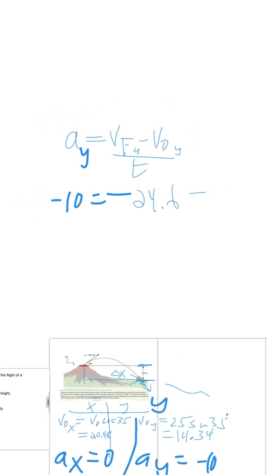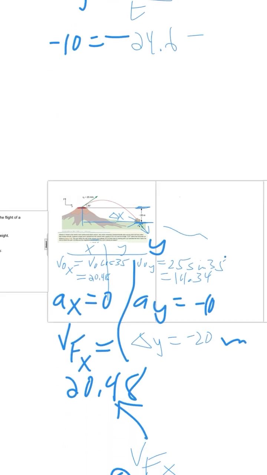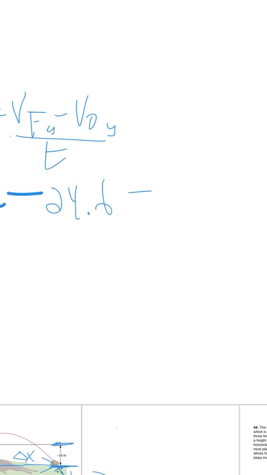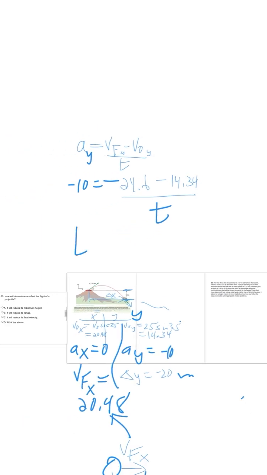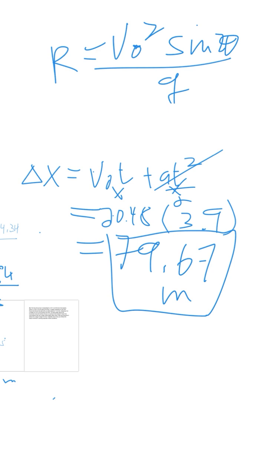And VOY is positive. Yes, VOY is 14.34 positive. And the time is what we're looking for, the whole trip. So T would equal 24.8.